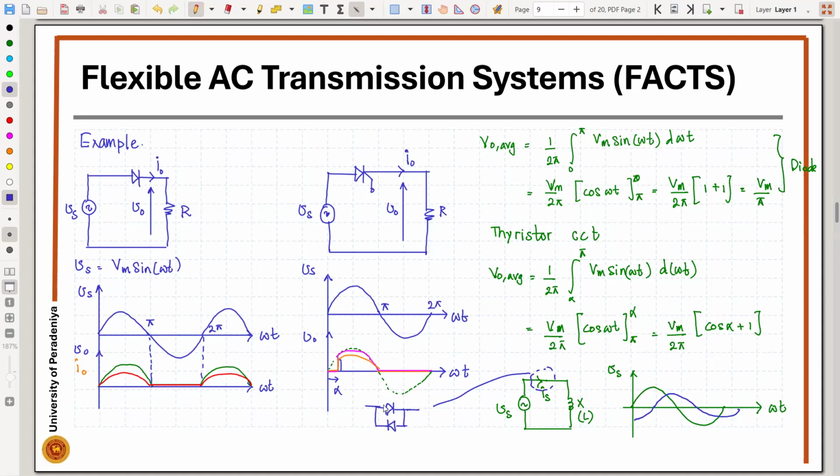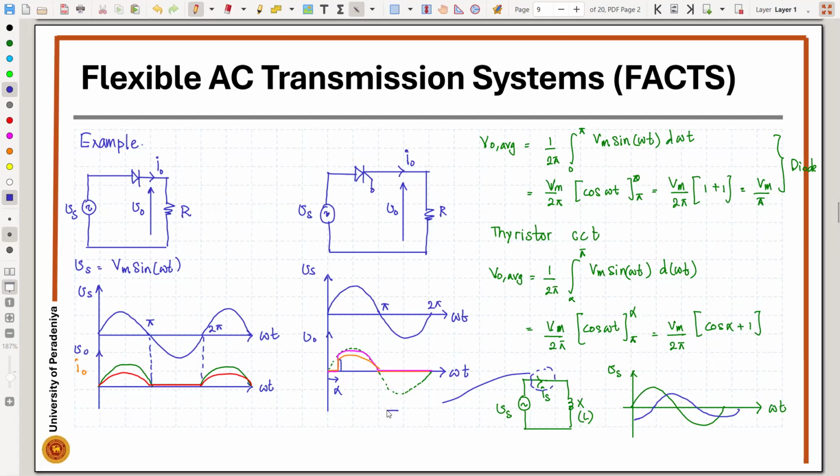So if we include back-to-back thyristors, then when the voltage is positive, it is going to conduct in this direction, and when the voltage is negative, even with this, we have the same issue.